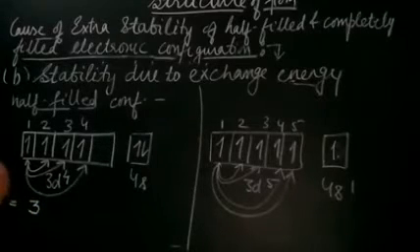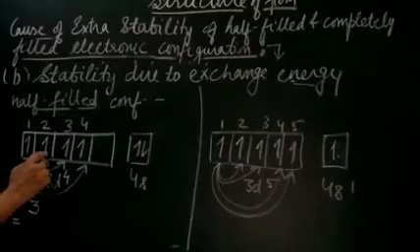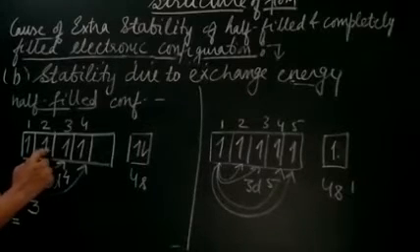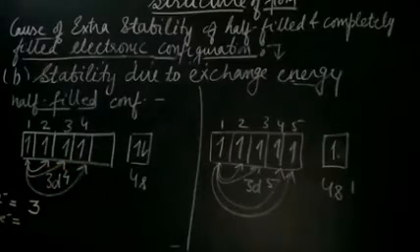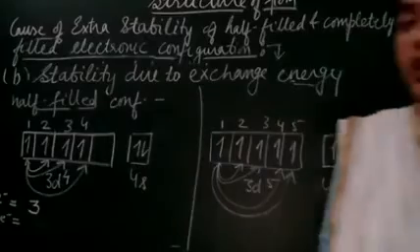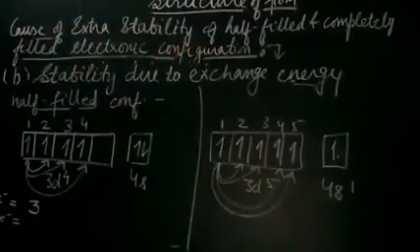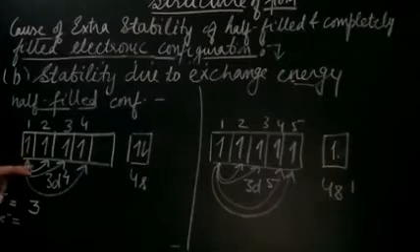Then for the second electron, that is this one, how many exchanges are possible? That will be 2 with 3, 2 with 4. Students, please note it down very carefully, to calculate how many exchanges are possible. So for the first electron it was 1 to 2, 1 to 3, 1 to 4.